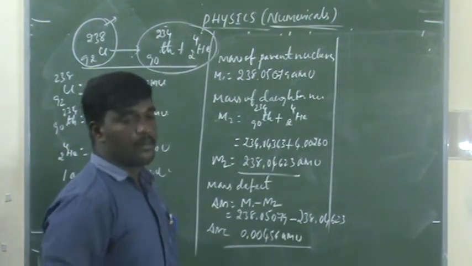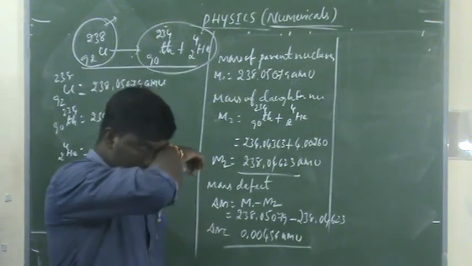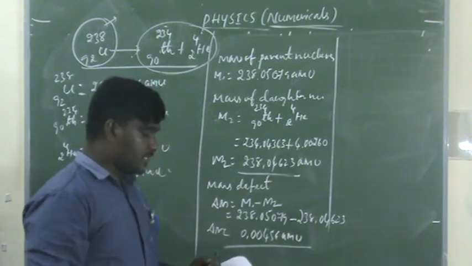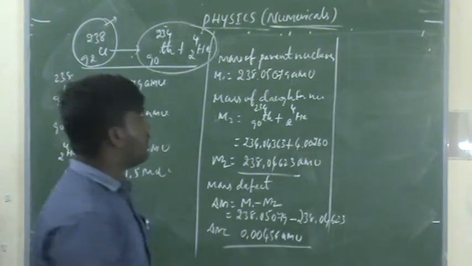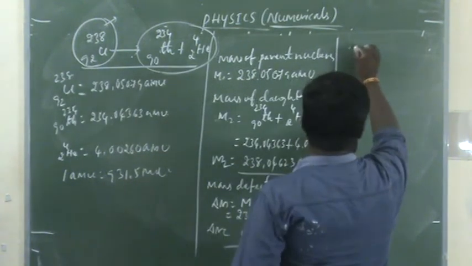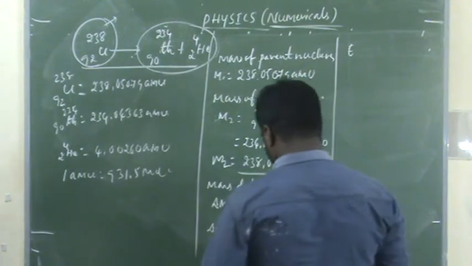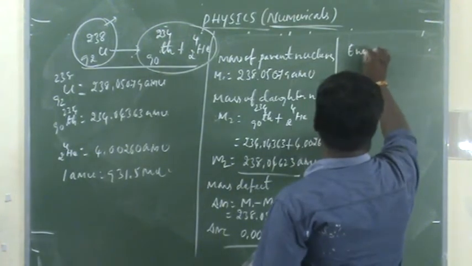This is the mass defect. Next, what were we asked to calculate? The amount of energy released in the alpha decay. So binding energy is released.